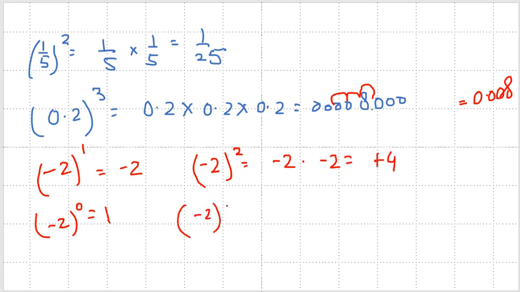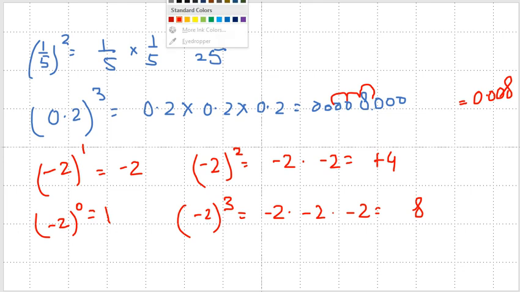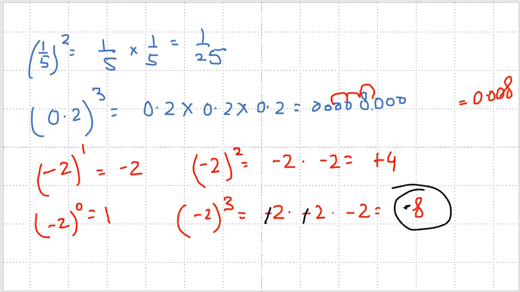Negative 2 to the power 3 equals negative 2 times negative 2 times negative 2, which equals negative 8. The two negatives cancel out, you know how negative times negative becomes positive, right? So you're left with one negative. Notice how the power of negative 2 is changing from negative 2 to positive 4 to negative 8 and so on. So the sign is changing from minus to plus to minus.